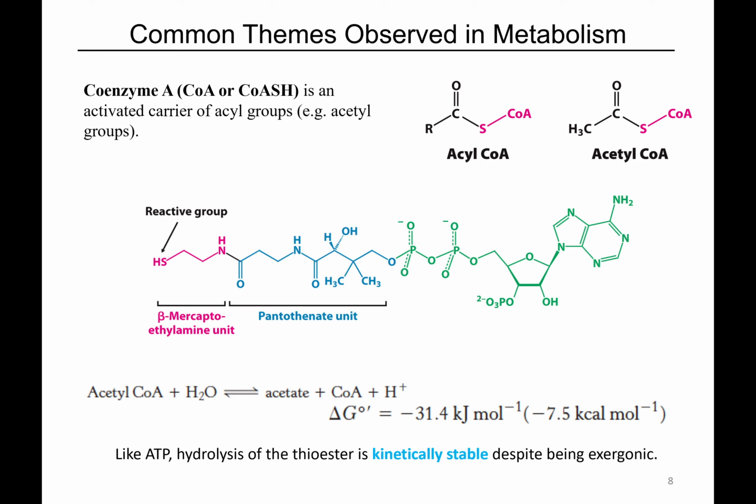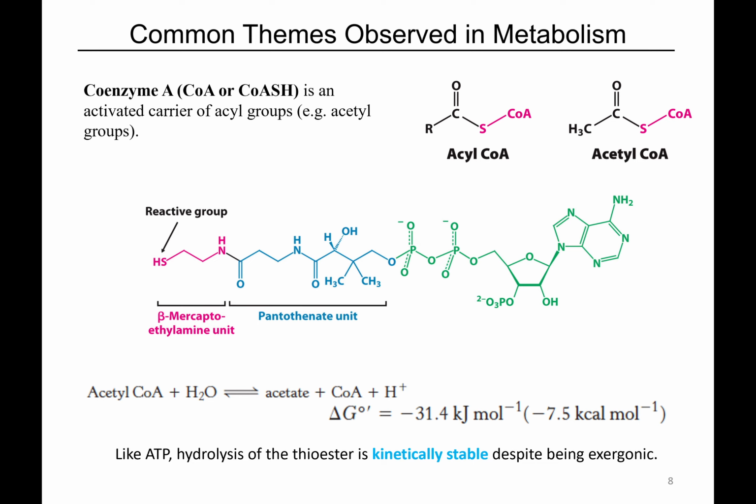Usually, we ignore everything in coenzyme A except this reactive sulfur. It's a reactive thiol. At the end of the day, coenzyme A boils down to this reactive thiol group. The rest of this is decoration for enzymes to recognize. And that's true for lots of our cofactors.